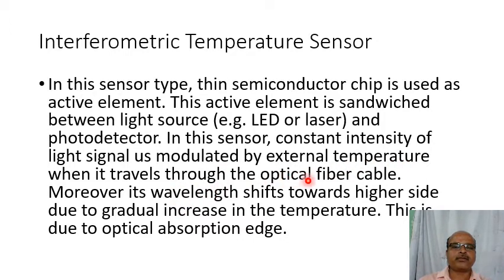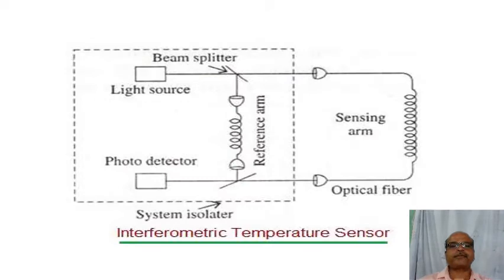When it travels through the optical fiber cable, its wavelength shifts towards the higher side due to gradual increase in the temperature. So if there is an increase in temperature, there is an increase in the wavelength, and if there is a decrease in temperature, the wavelength again decreases. This is due to the optical absorption edge.